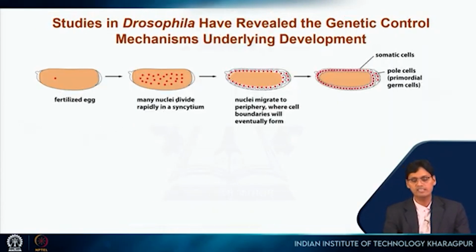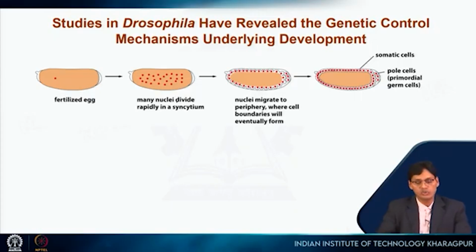The next thing: I was discussing the frog egg, but in this slide I am trying to explain something else with the Drosophila system, with the Drosophila egg. At the beginning I mentioned that you will get several types of diversity in this developmental pathway, whether you take a pathway from frog or Drosophila or human, there will be many changes.